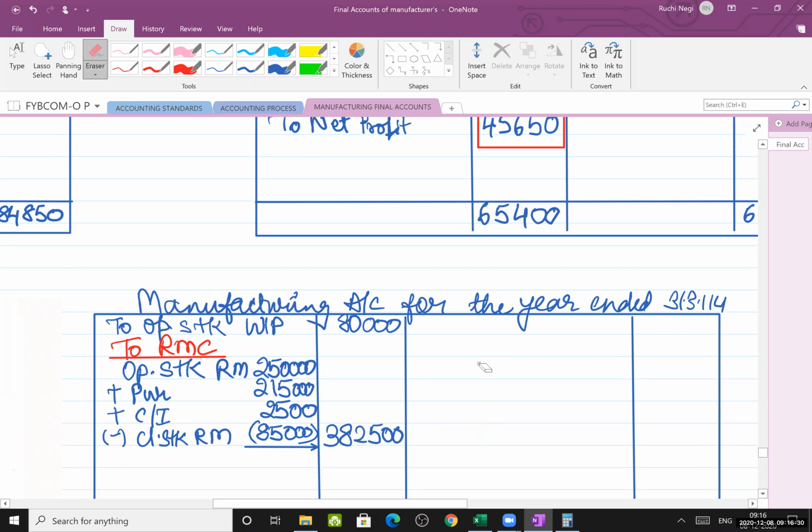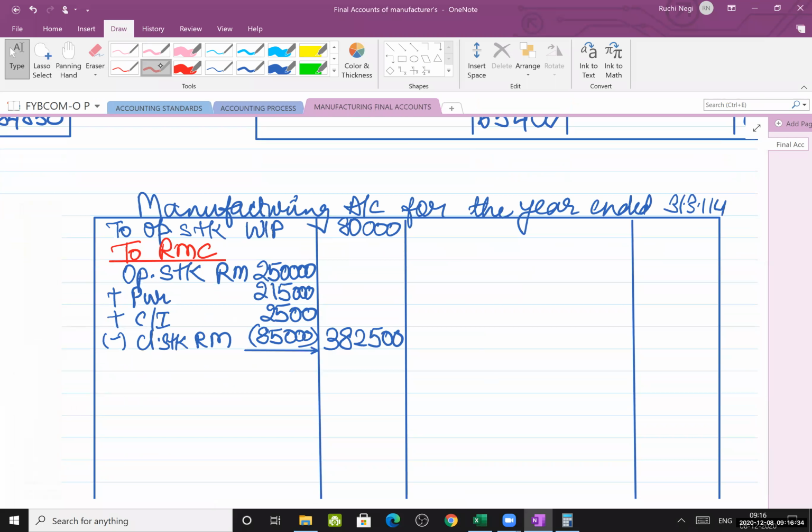Once this is done, my raw material is done. Next is wages, or you can write direct wages, it's the same thing. 83,000.